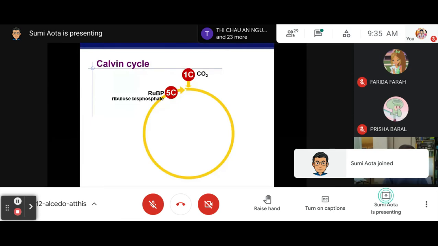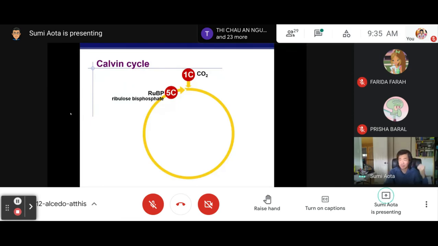Okay, so this cycle starts with a 5-carbon molecule called RUBP. You don't have to know the full name. If you do, great, but I'm not going to worry about it. The 5-carbon compound that we need is called ribulose bisphosphate.